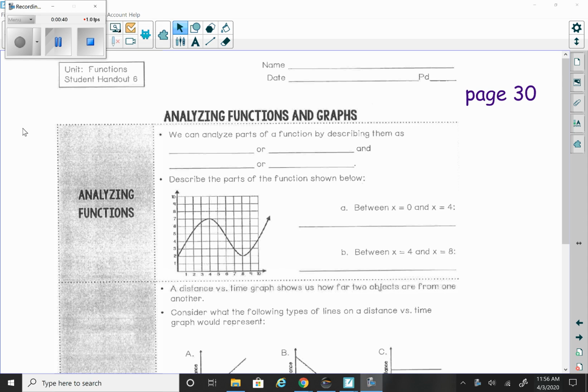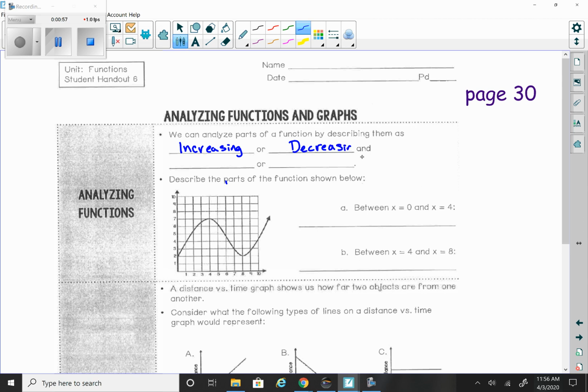Analyzing functions and graphs. So it says here we can analyze parts of a function by describing them as increasing or decreasing. I always think of slope, right? So increasing is when the graph goes uphill, and decreasing is when the graph goes downhill.